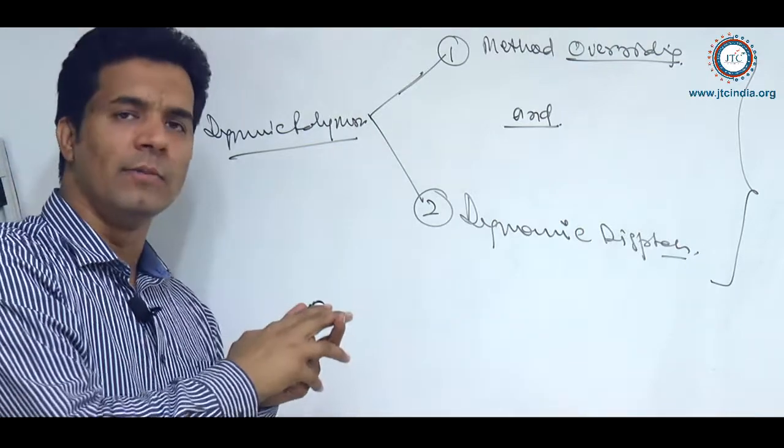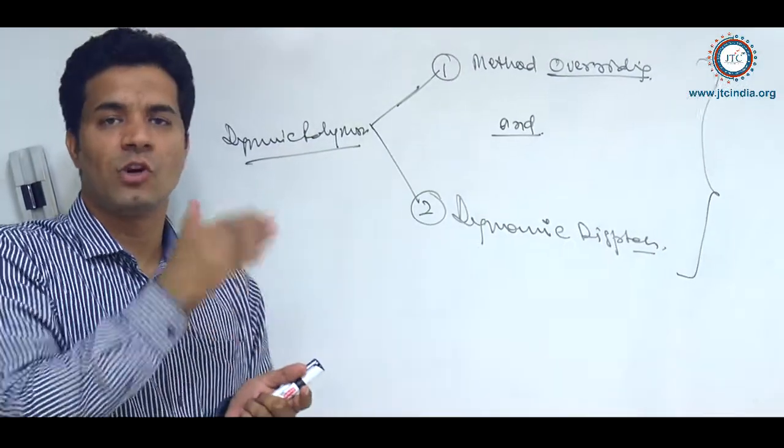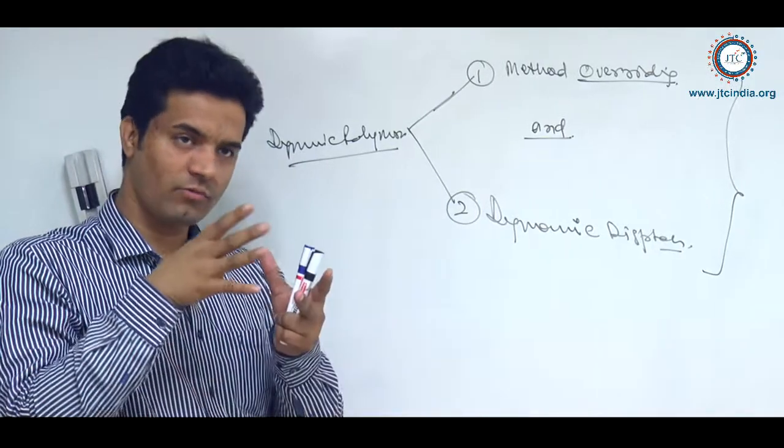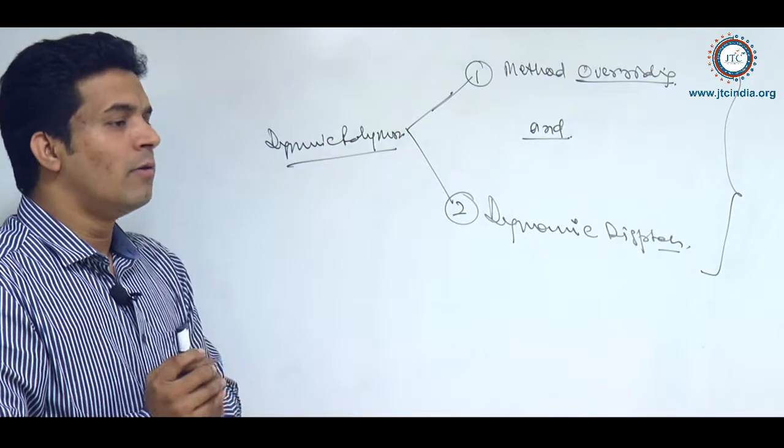Something which was already available, on that we have imposed something else, so the previous one is not visible after imposing that. That is what method overriding is.